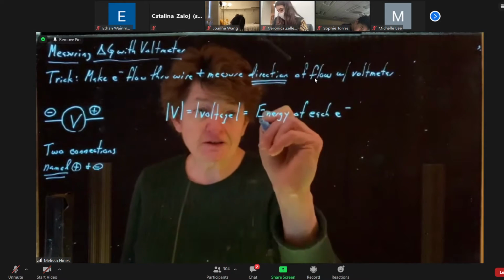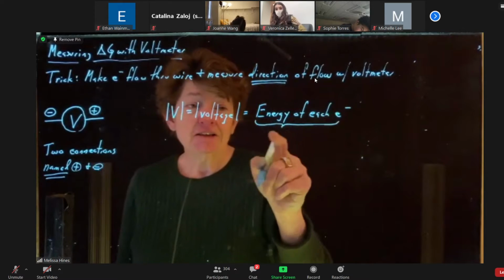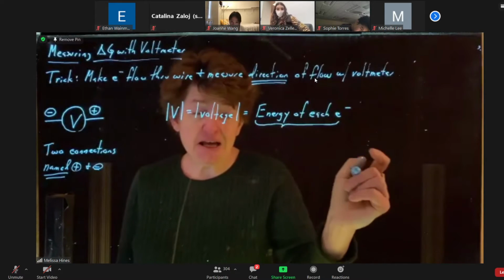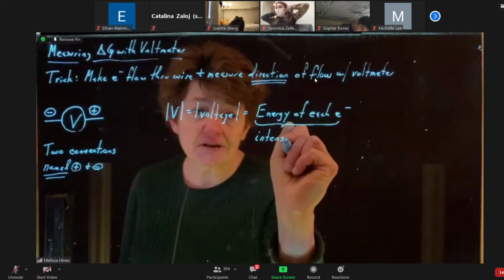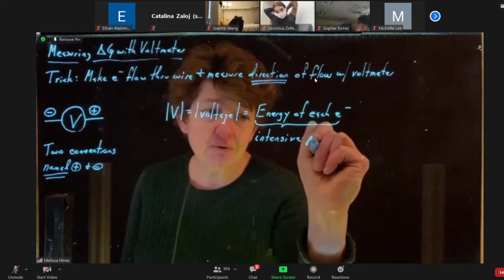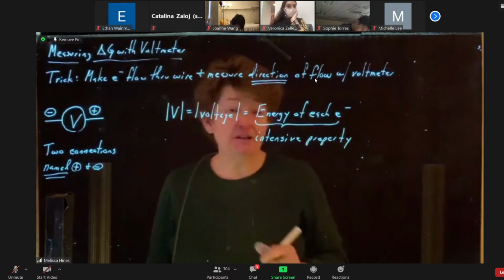And the important thing is when I tell you about the energy of each electron, that means each electron has the same energy. This is going to be an intensive property, and this is going to end up being very important. And what I mean by an intensive property is the property of each electron.